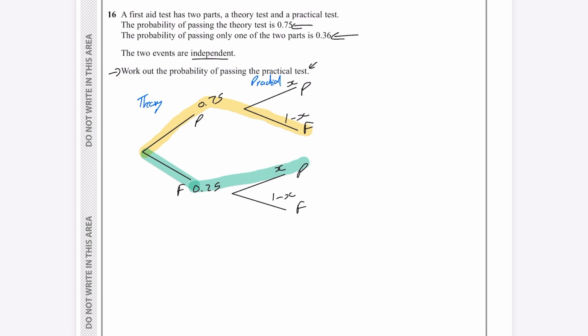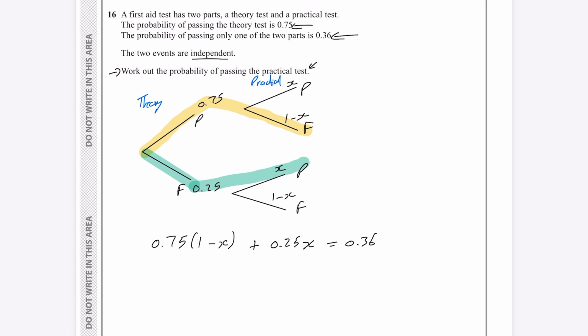So if I write that out, that's going to be 0.5 times X times 1 minus X, sorry. That's the yellow bit, plus the probability of 0.25X, which is failing the theory and passing the practical, is equal to 0.36. That's what this number here represents.